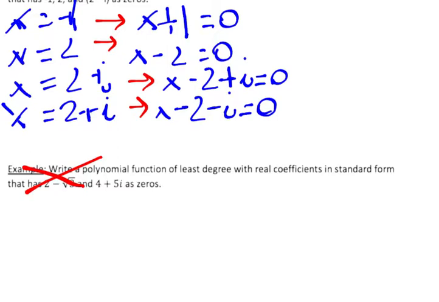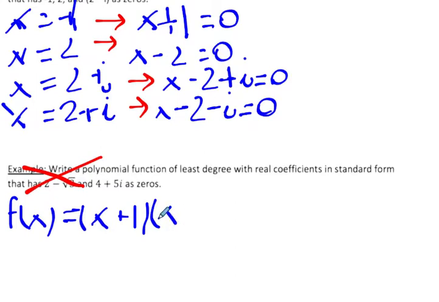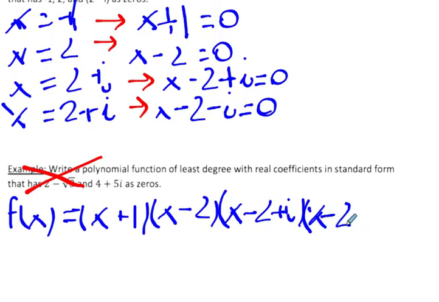So for our polynomial, if I call it f of x, then we will have x plus 1 times x minus 2 times x minus 2 plus i, and then times x minus 2 minus i.